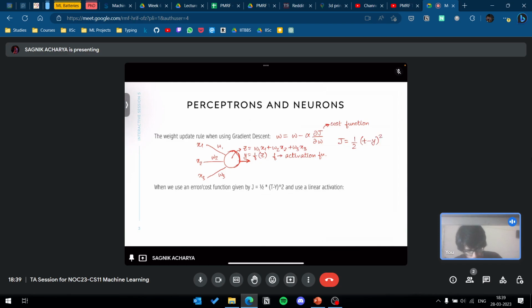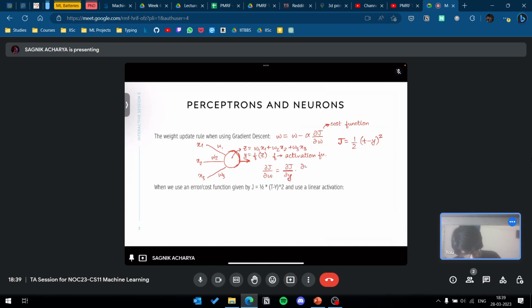We'll come to differentiating this later on. So we have a cost function J and this derivative del J by del w. I can break it down: J is a function of y, so I can get this derivative directly.